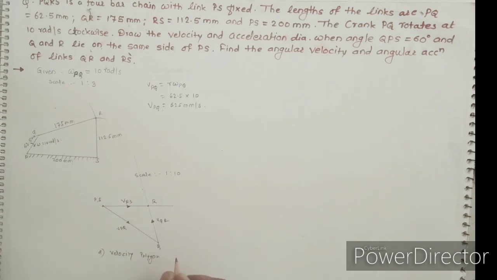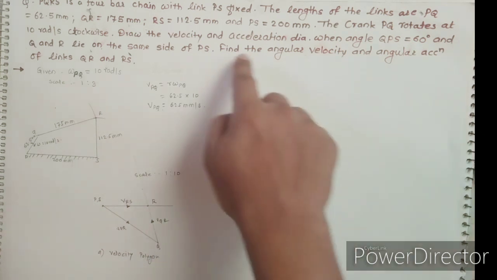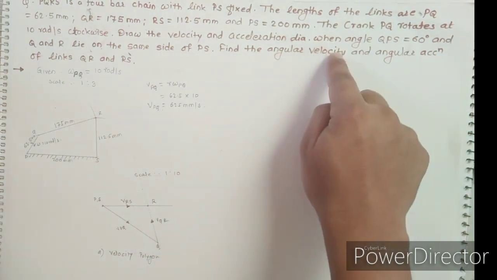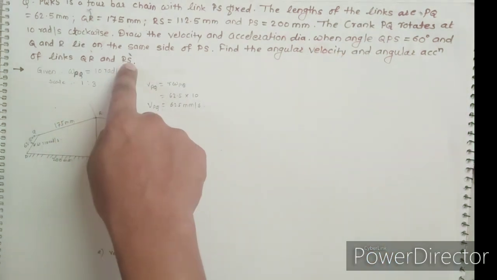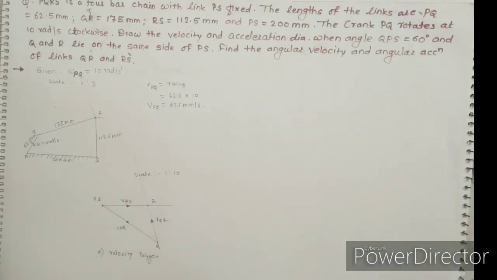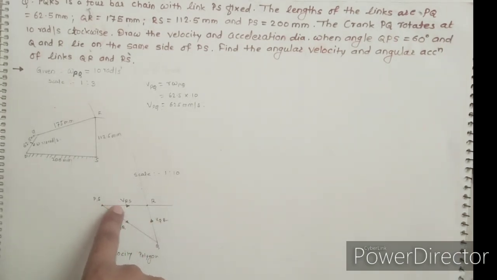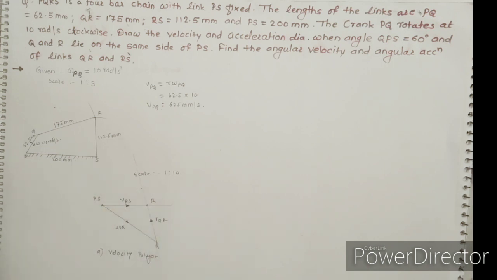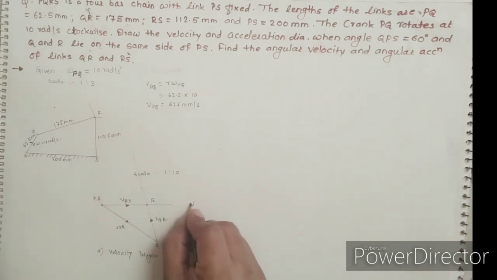Now we have to calculate the angular velocity of link QR and RS. For the angular velocity, we should know the velocity of RS and QR. So from this velocity diagram we can calculate VQR.